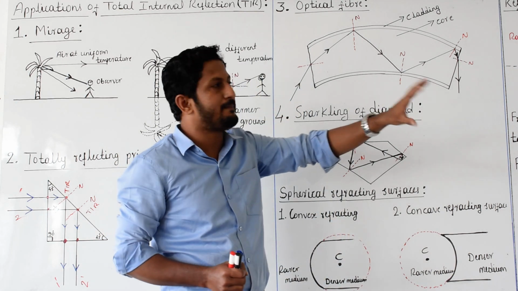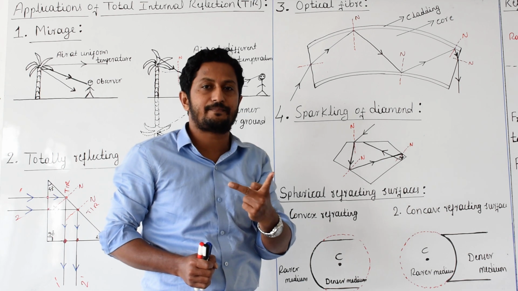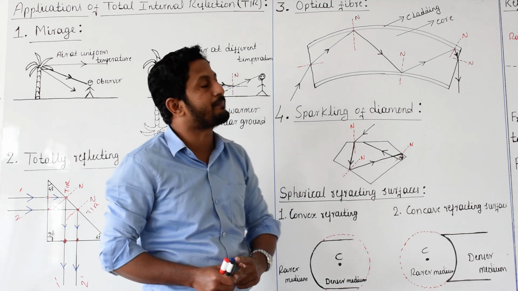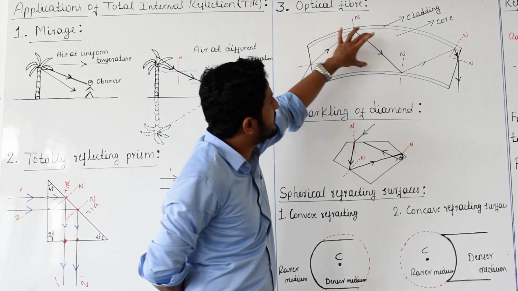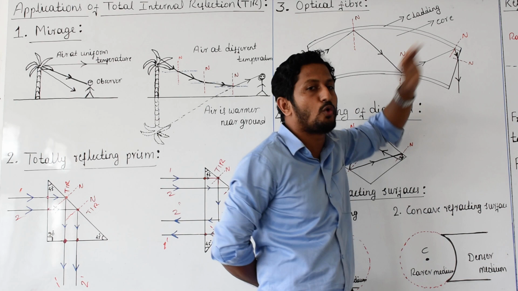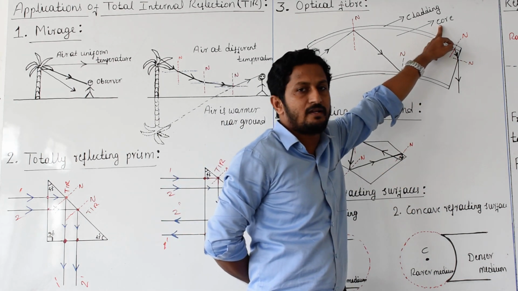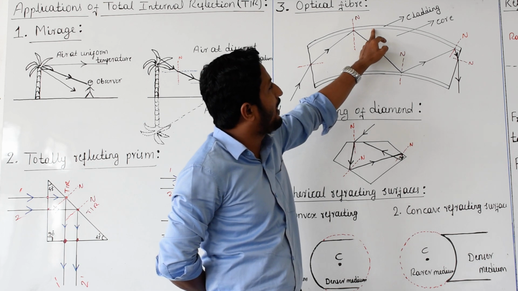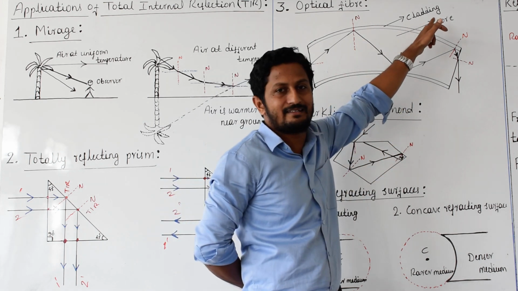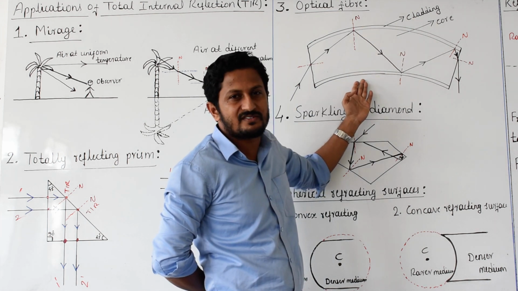It is a pipe made by two media. The inner one we call the core, and there is an outer medium that we call the cladding, on both the top and bottom surface.